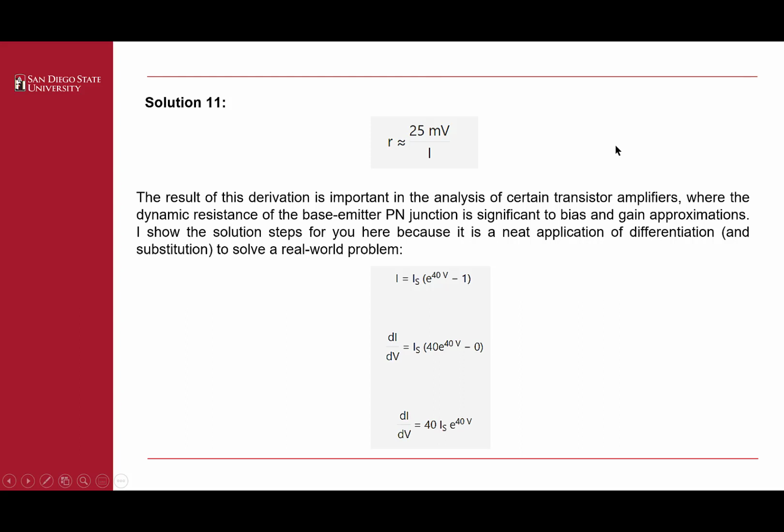I equals Is times e to the 40V minus 1, and the dI/dV from here becomes Is times, because Is is a multiplicative factor, it's not a variable here. The dI/dV equals Is times 40 e to the 40V minus 0.